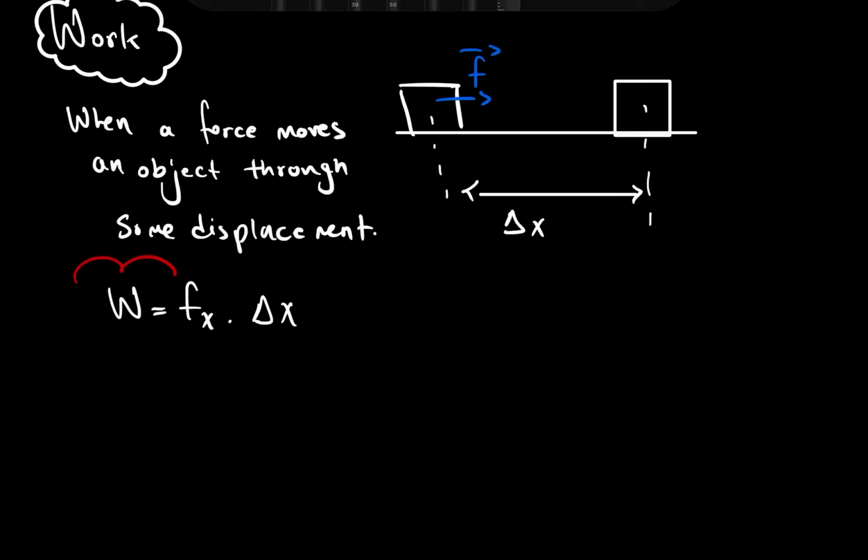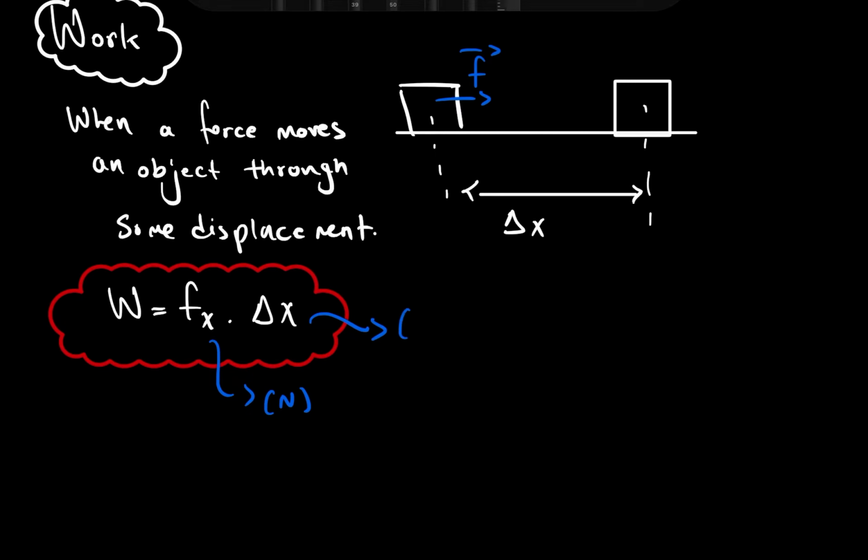Now, obviously, we know that force is measured in newtons, while the change in displacement is measured in meters. So one unit for work is newton meters. Of course, the other unit of work is actually joules, which is denoted with a J. And in the American unit, we actually use foot-pound, so foot times pound.